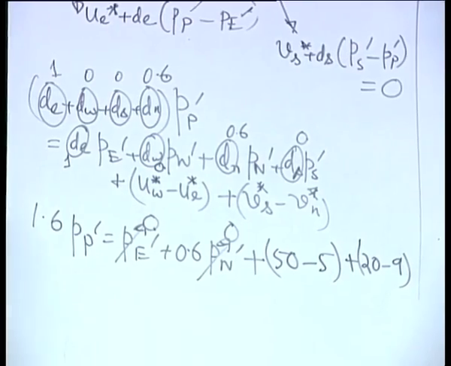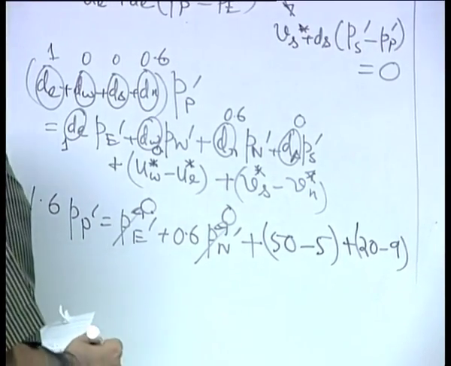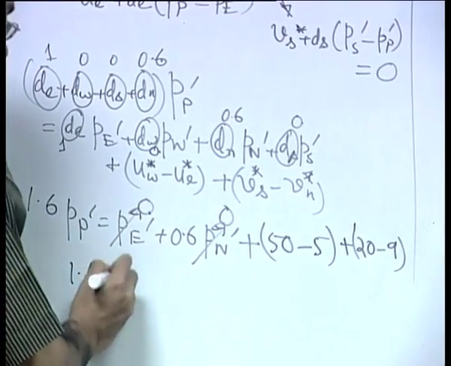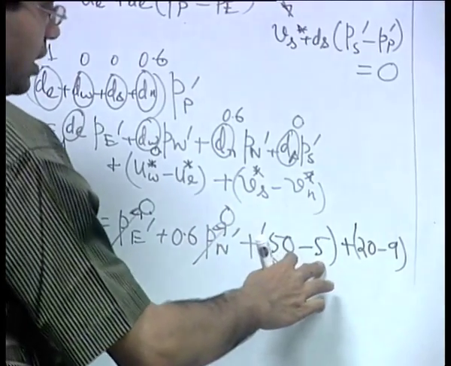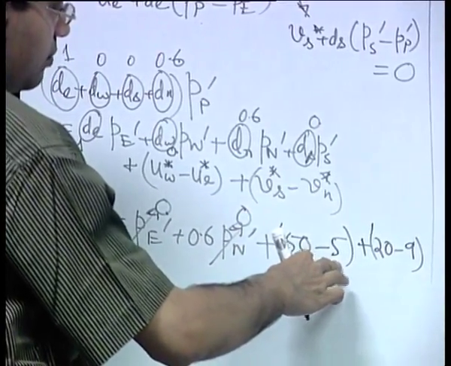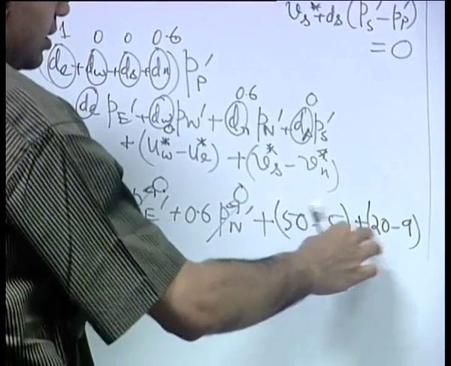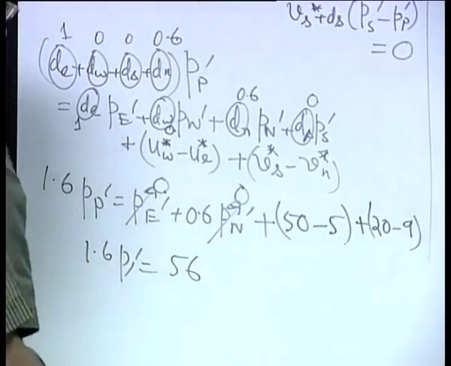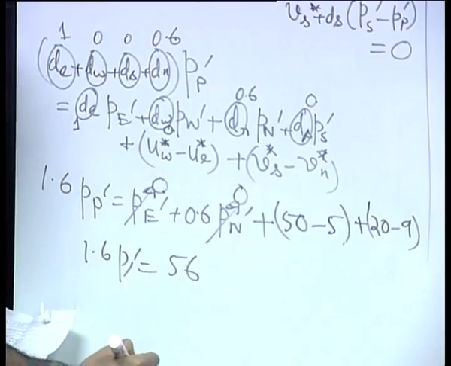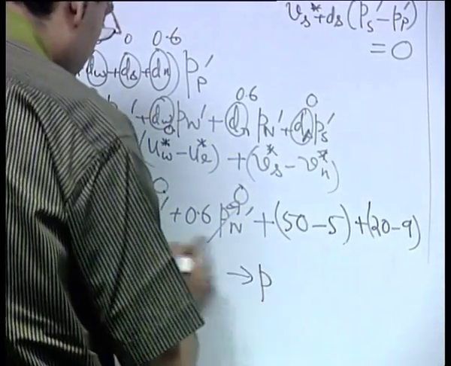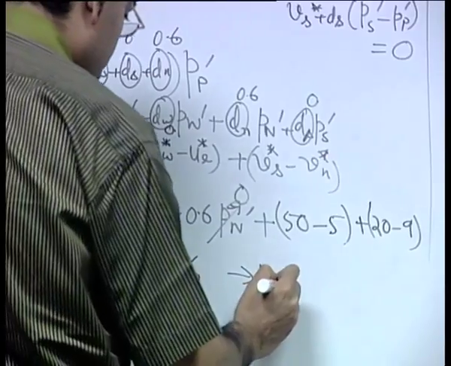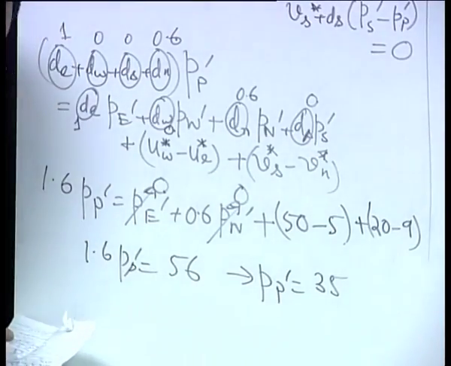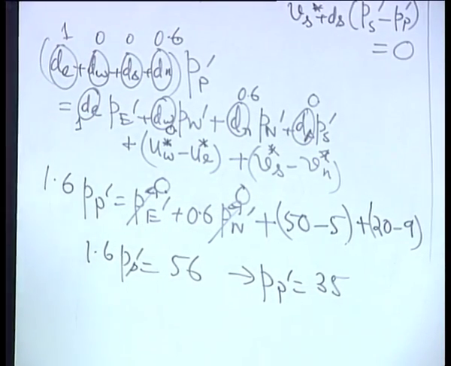So you have 1.6 Pp prime equal to 50 minus 5, that is 45, plus 20, 65, minus 9, that is 56. So if you solve for Pp prime, Pp prime will be equal to 35.